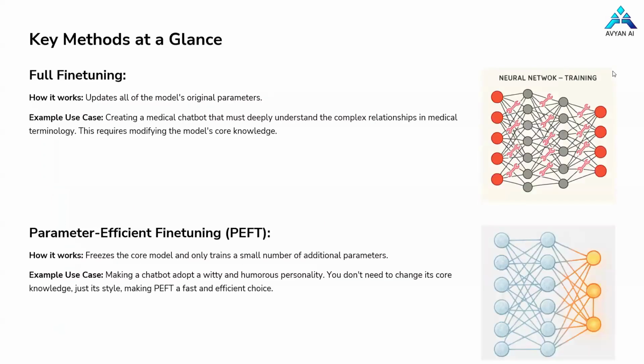So key methods at a glance. There are a couple of techniques. One is full fine tuning. Full fine tuning means you are going to update all the parameters, billions of parameters, which is going to be time consuming and very, very expensive. For at least 90% of the use cases, full fine tuning is not required.